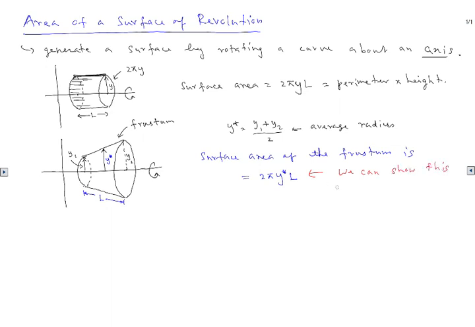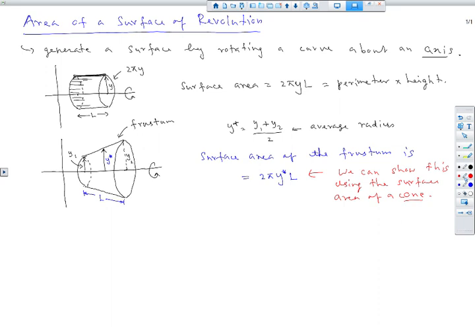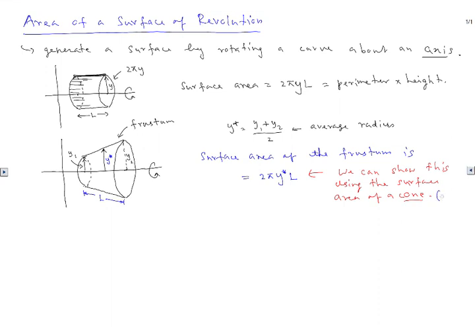We use the surface area of a cone, and this one we know is pi r L. L is the slant L, and r is the base radius.